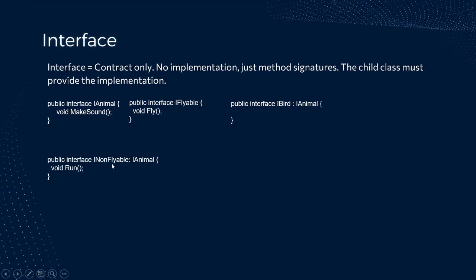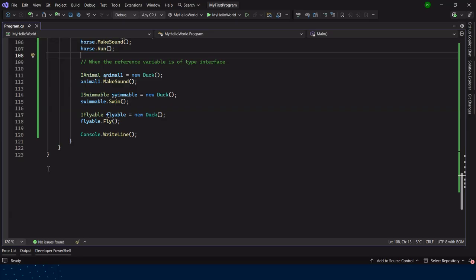And we have also INonFlyable, which is an animal and the animal can run, right? And one more interface is there, ISwimmable, for the birds which can swim or the bird which can fly, right? So let's look at all these interfaces in action in Visual Studio.